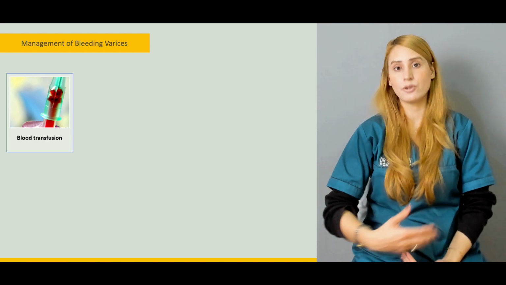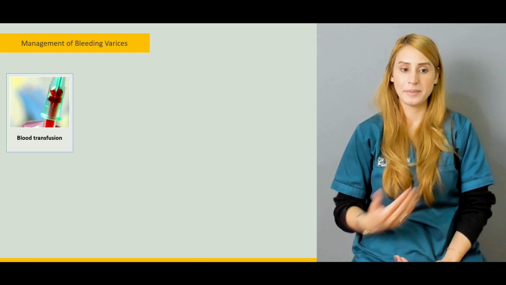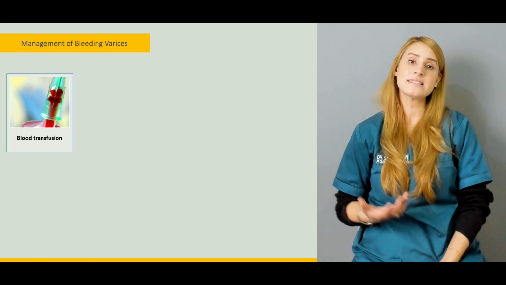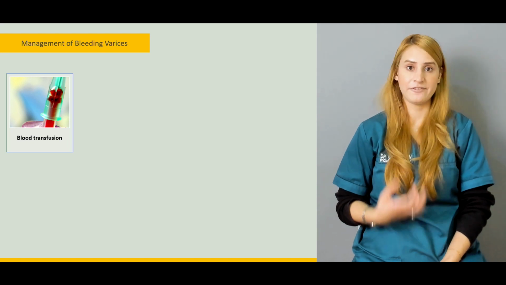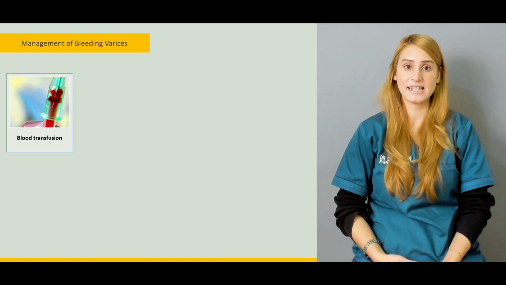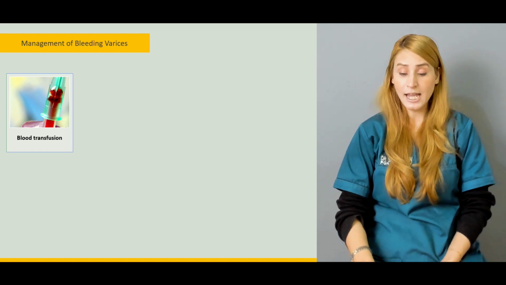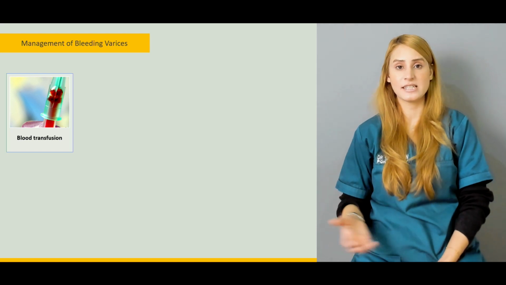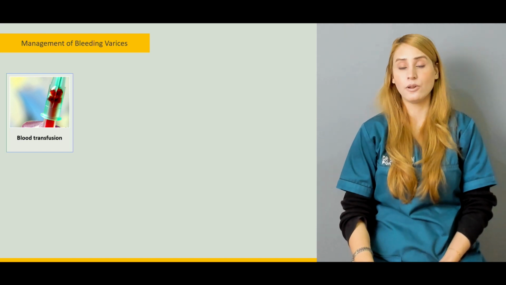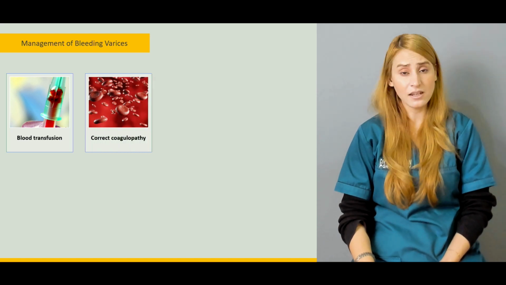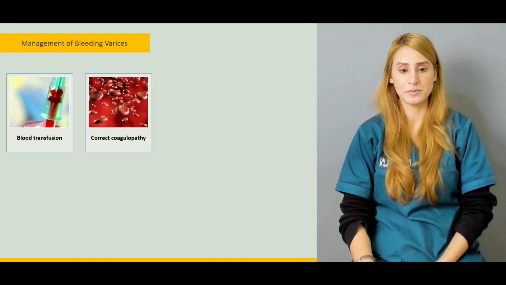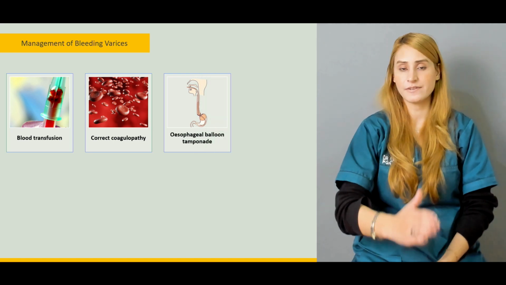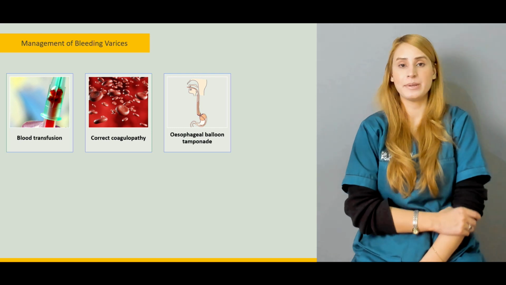You have to start your management along the lines of resuscitation, right? The best thing to do in the immediate instant is to transfuse blood, because it's not good whenever the patient has already developed abdominal pelvic ascites. It's not good to load the patient with a lot of fluids. It's better you give blood products. Correct the coagulopathy, transfuse fresh frozen plasma, FFPs, right?